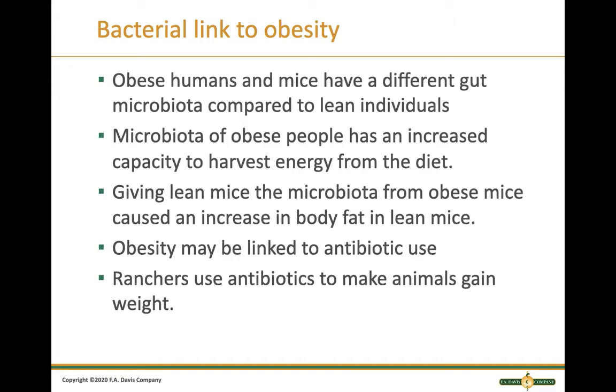In experiments giving lean mice the microbiota from the obese mice, it caused increased body fat in the lean mice. And this obesity may be linked to antibiotic use. We know in the livestock industry they'll give antibiotics to animals to keep them healthy, but also it makes them gain weight. And when you sell your animals by the pound, you want them to gain weight. You don't care if that weight is fat or muscle.